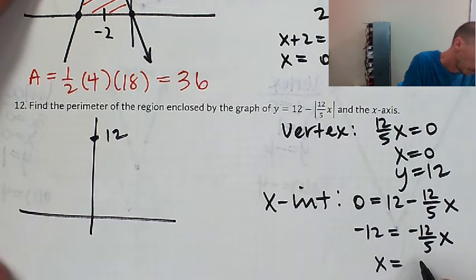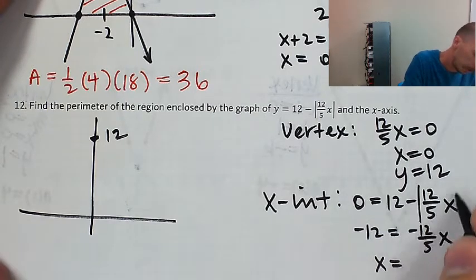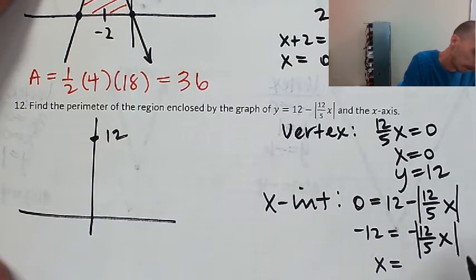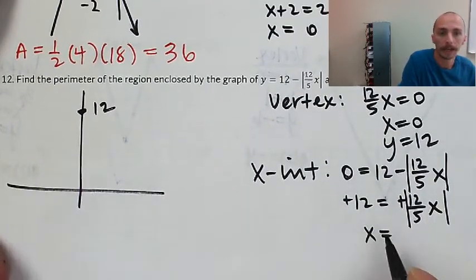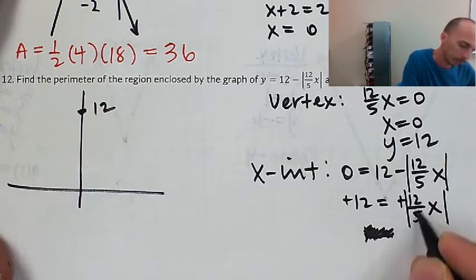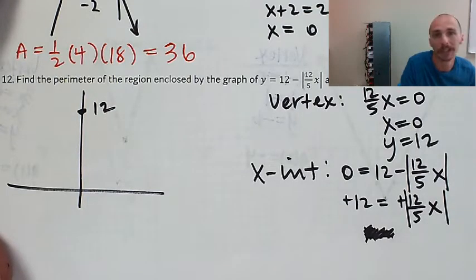What just happened here? Oh, I just completely neglected to copy these absolute value bars. Okay, so I'm going to divide both sides by -1, and okay, if 12 is equal to the absolute value of 12/5 of x, I only need 1 point, and you can see x equals 5 is going to work, so x equals -5 works as well.